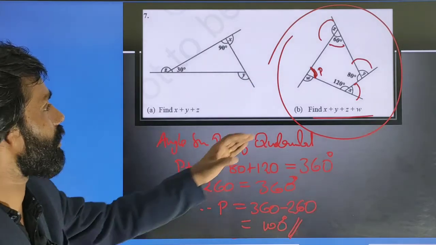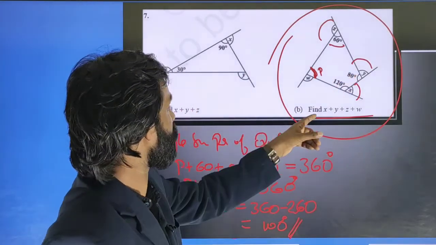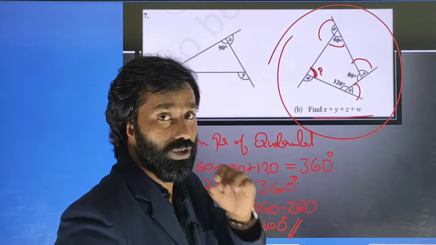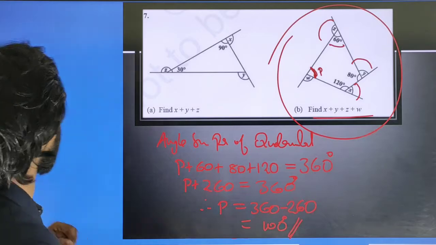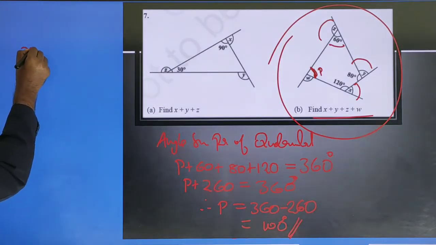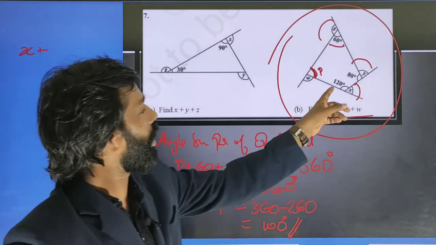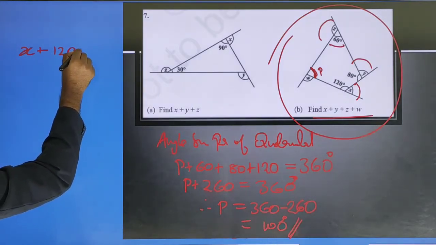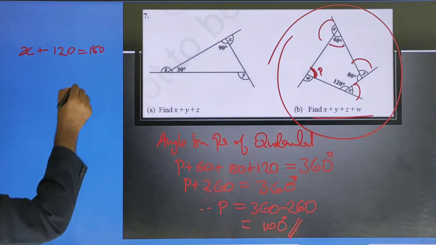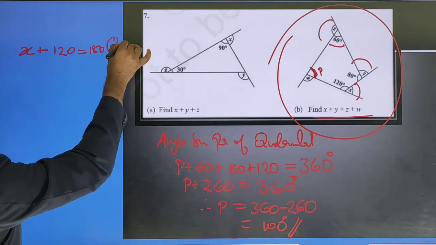Well, now it's very easy to find x plus y plus z plus w. So before that, what we have to do? We have to find the x value. So we can write x plus 120 equals 180. What is the reason? The reason is linear pair.